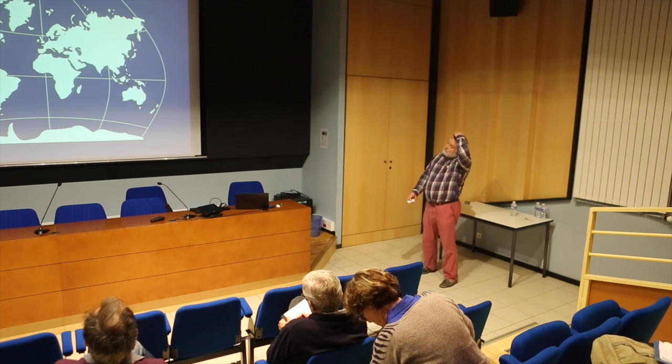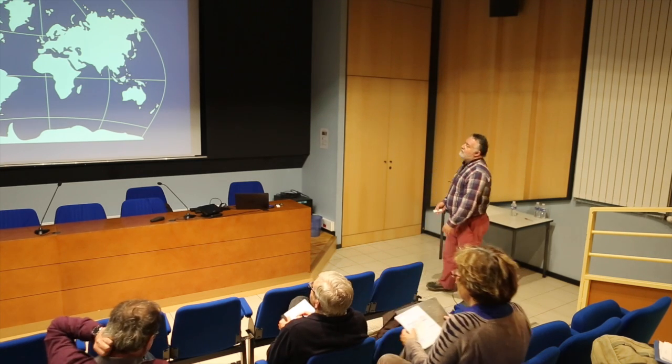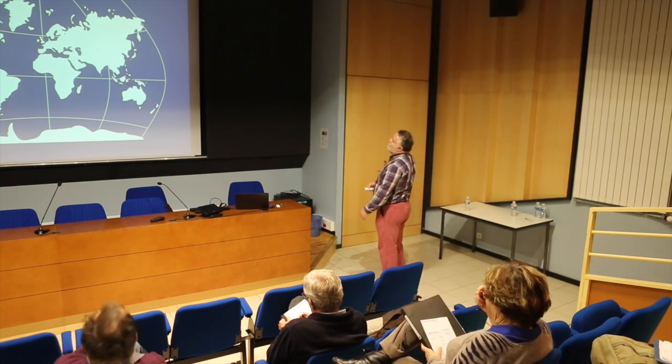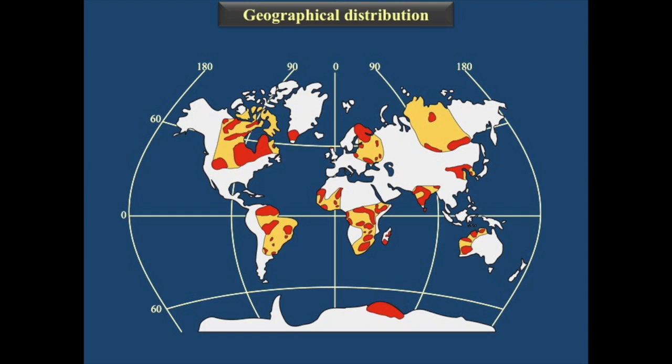You recognize this is a map of the world, and if you want to find Archean rocks, here in red are the places where Archean rocks outcrop. In yellow are places where we have Archean crust under a small sedimentary cover, just like the Hercynian belt is under the Paris basin.